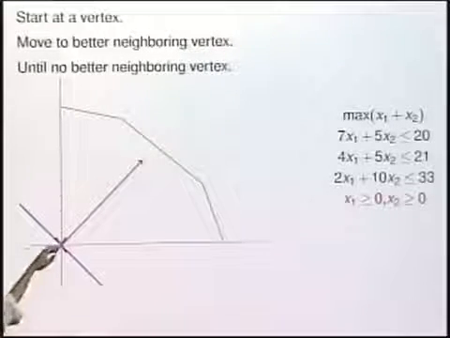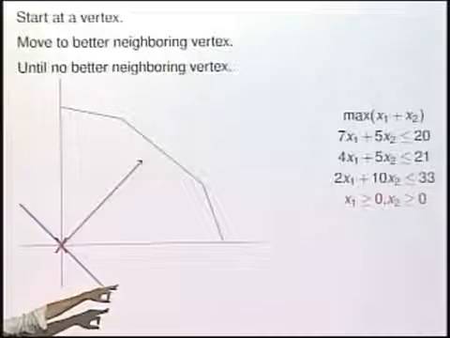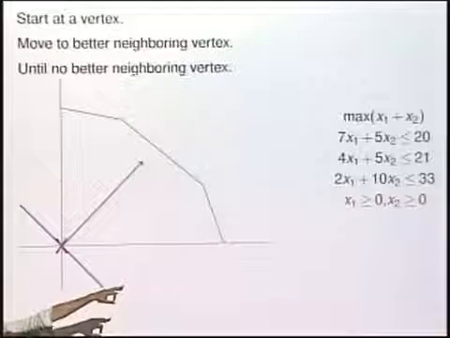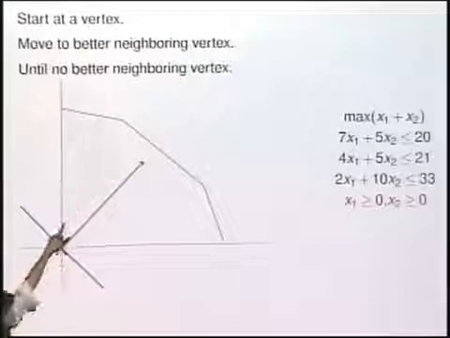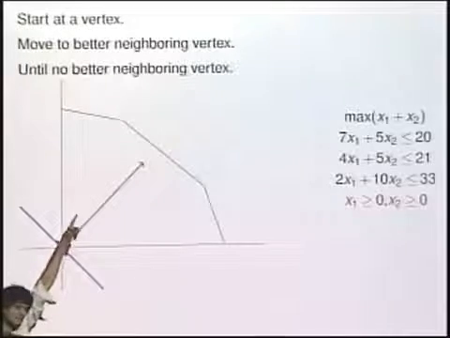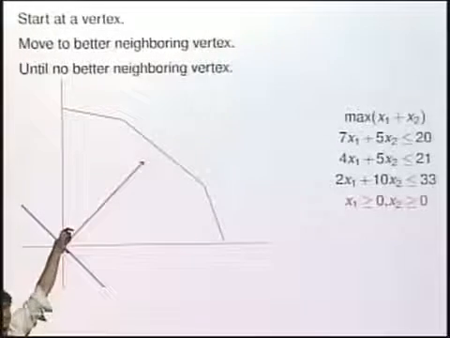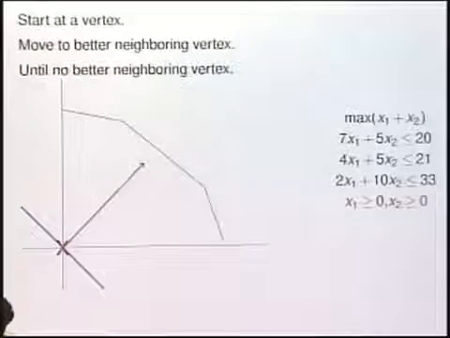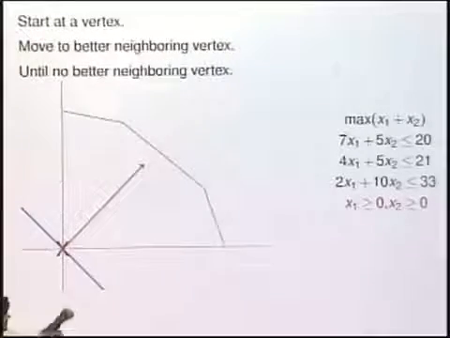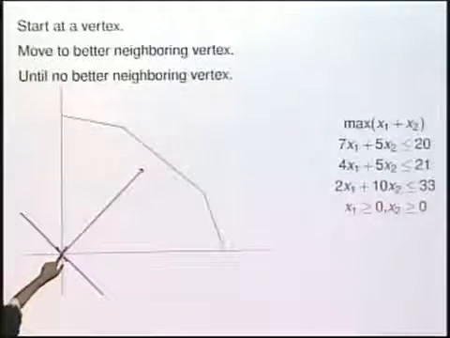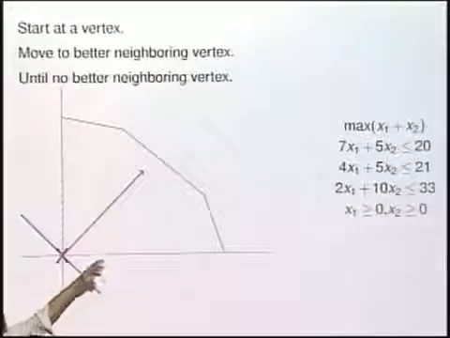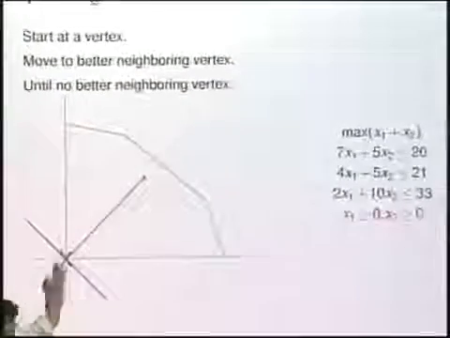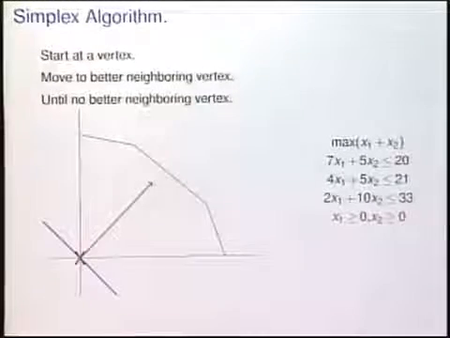But really, what I'm doing is relaxing the constraint that x2 is equal to 0, and then moving it up until I hit the first constraint that I violate. So that's how I'm going to do it. But he says, I could drop this constraint and just throw in another constraint, and then I'll find a vertex that's not in the feasible region. What he's worried about is this.